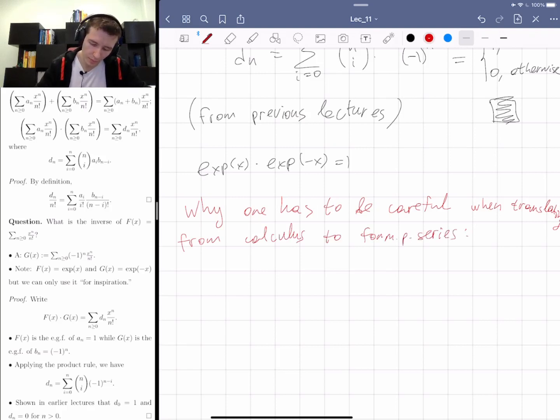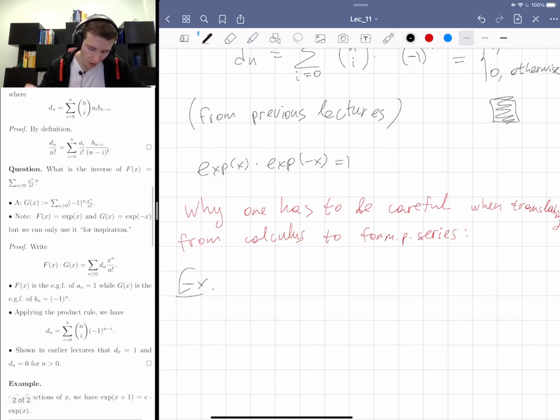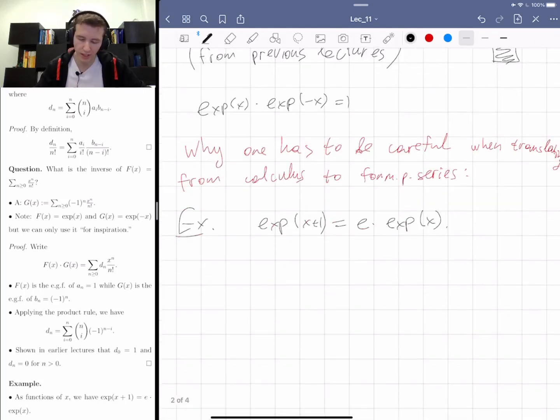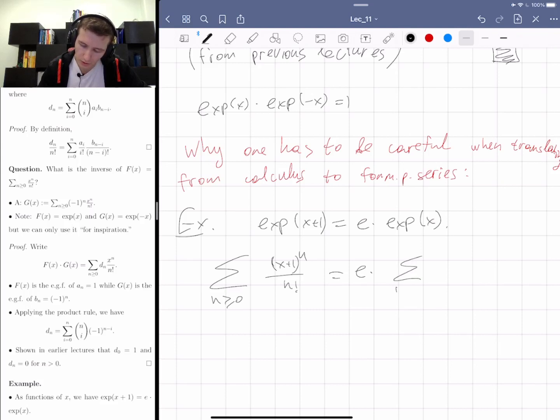Here's another example, which is very similar to the previous one, but slightly different. The exponential of x plus 1 is equal to e times the exponential of x. That's another obvious statement. If I write both sides as formal power series, the sum over n greater than or equal to 0 of (x+1)^n over n factorial is equal to e times the sum over n greater than or equal to 0 of x^n over n factorial.